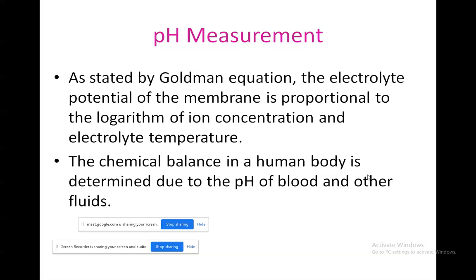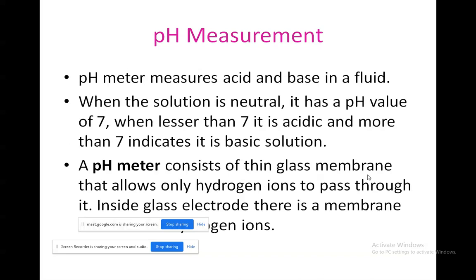So the pH value of blood will give the chemical balance of the human body. How are we going to measure it? pH measurement can be taken with a pH meter, which measures the pH value of any liquid or solution.